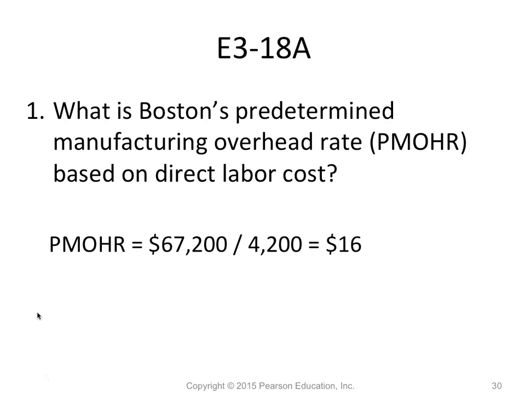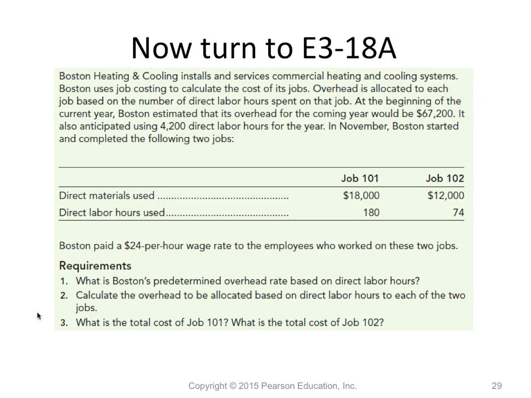Only thing, for example, $67,200 divided by 4,200 equals $16 for the overhead. And how do we find it out? We always need to go back and find this information.